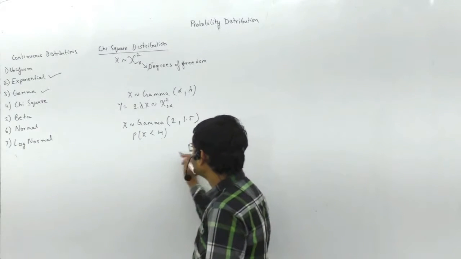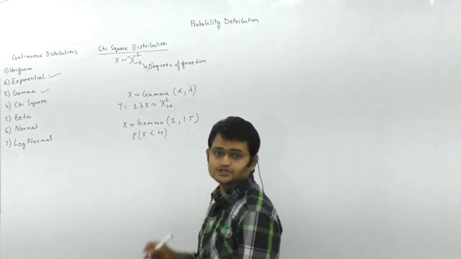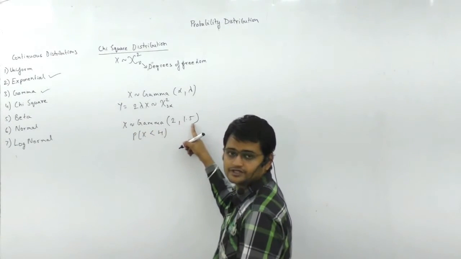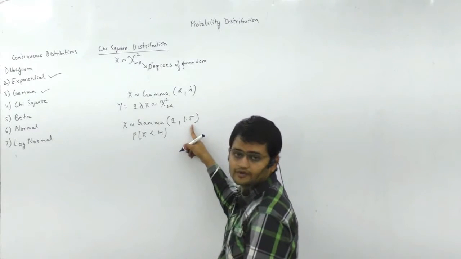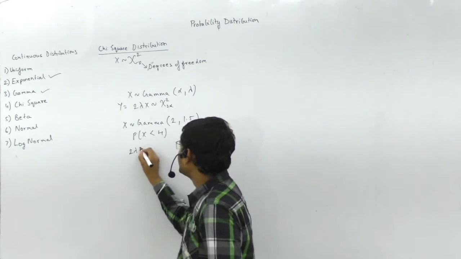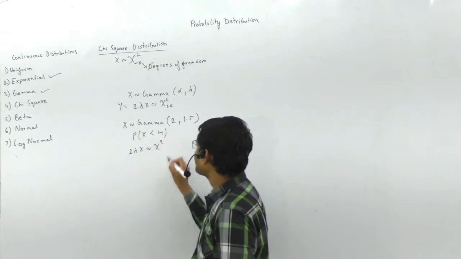Now what we can do is convert this gamma distribution into chi-square distribution. So always first write x follows gamma distribution 2, 1.5, and then you can write 2 lambda x follows chi-square distribution.